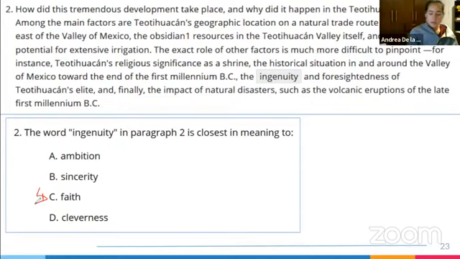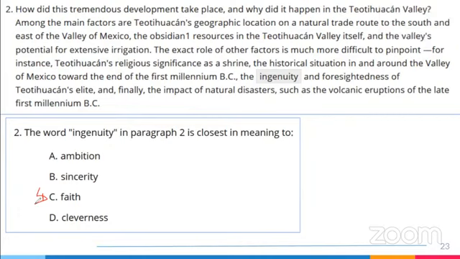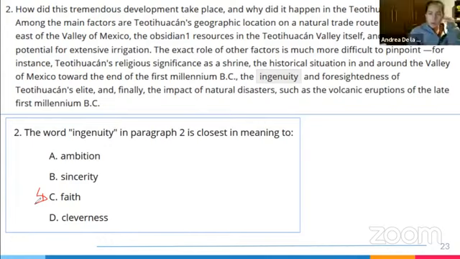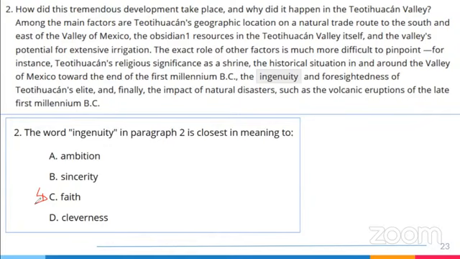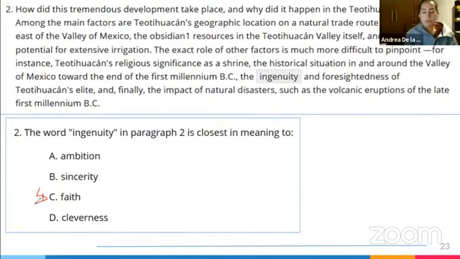Anybody else? No? Sincerity, letter B. Sincerity, all right. Okay, I go for D. You go for the cleverness. All right. So let's do something.